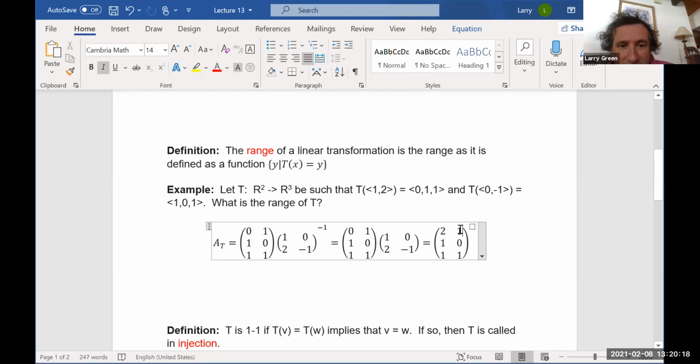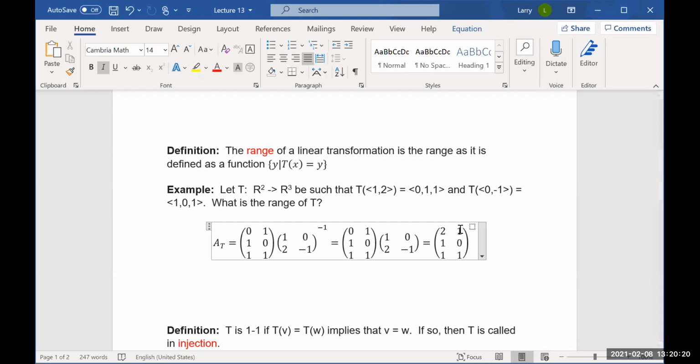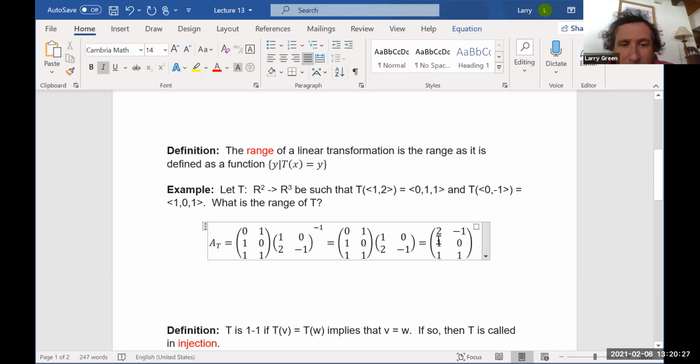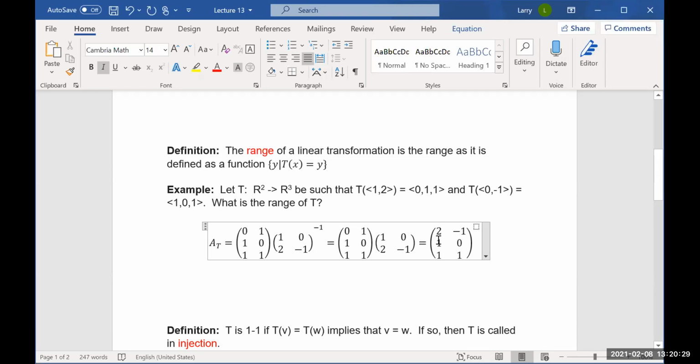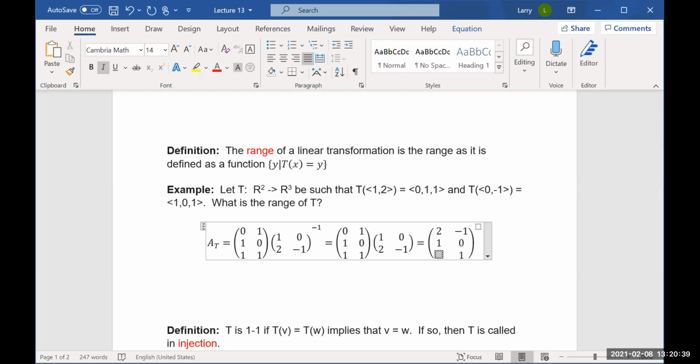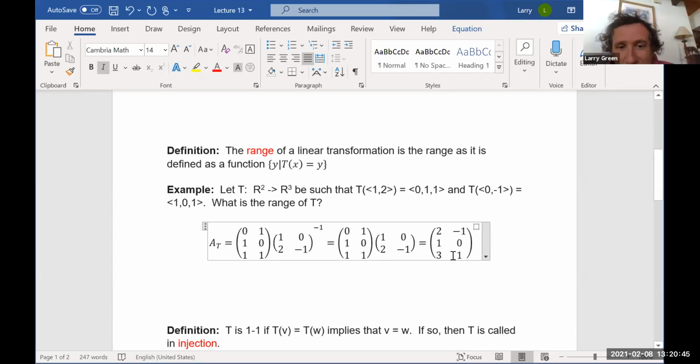The next entry? -1. And then the next? 1. Yep, 1. And the next one? 0. Yeah. And then the next one? 1 or 3. And then finally, -1.